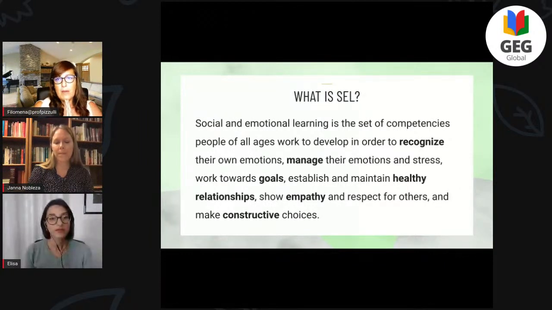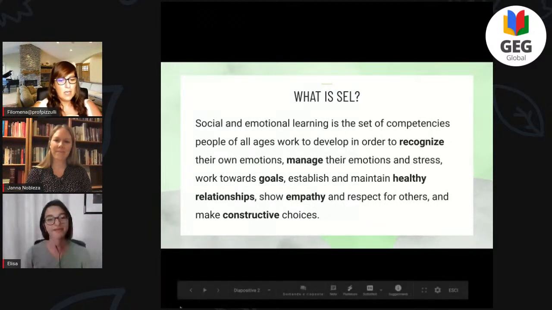We came back on the 24th of September, and after all this time, I just focus on the SEL activities in my classroom. Kids need to talk, to have a real relationship with other students and with the teacher, and they need SEL activity in their classroom.